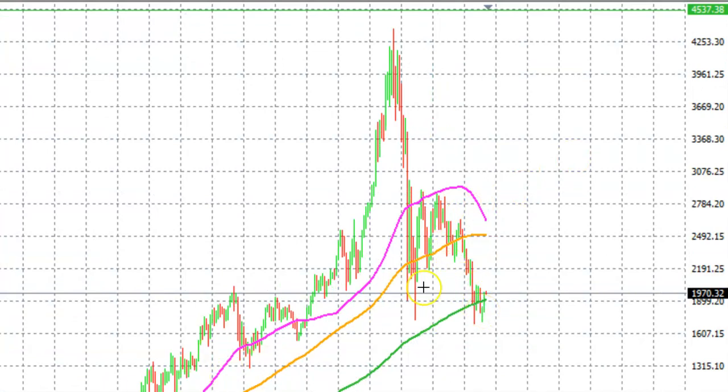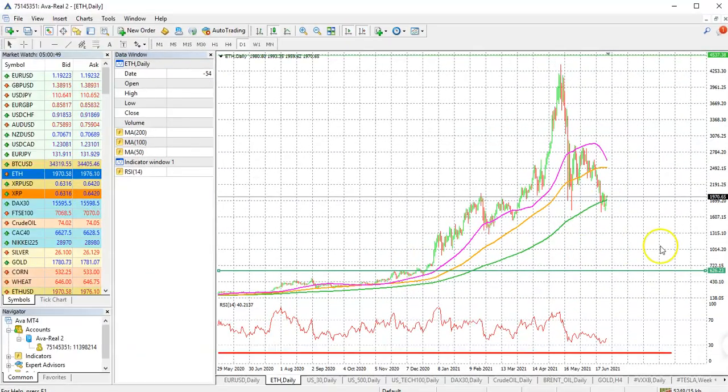Now, the price for Ethereum is in a battle to stay above the 200-day simple moving average. This is quite a critical one, because if the price can stay above the 200-day simple moving average, that can confirm that the bulls can keep control of the price.